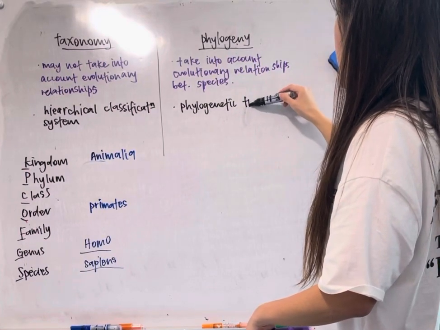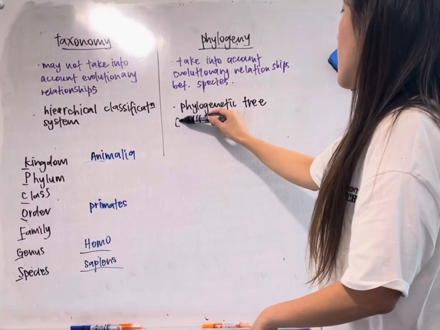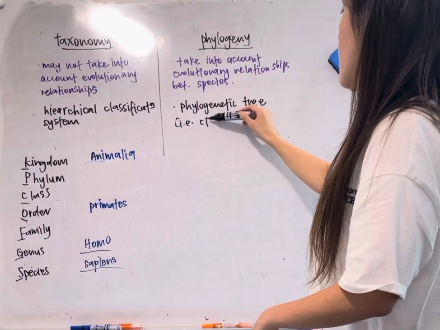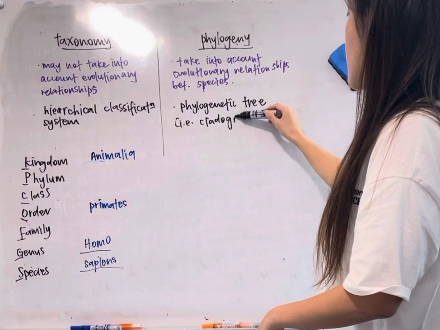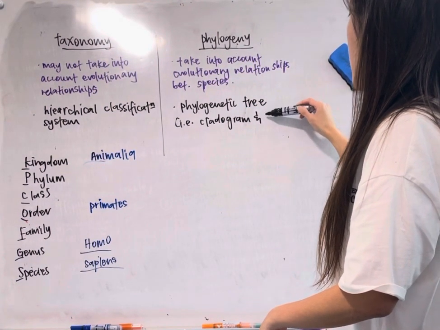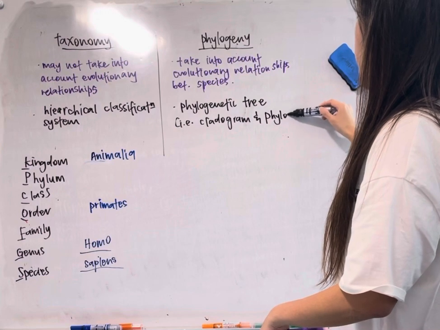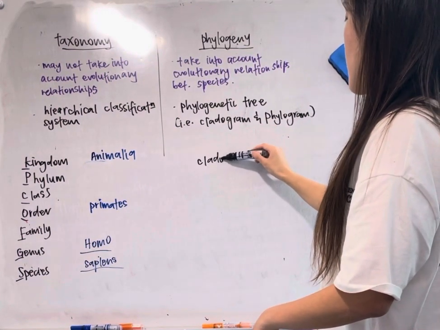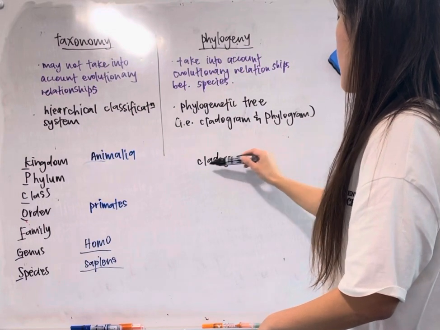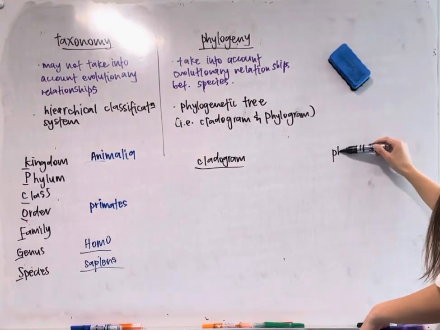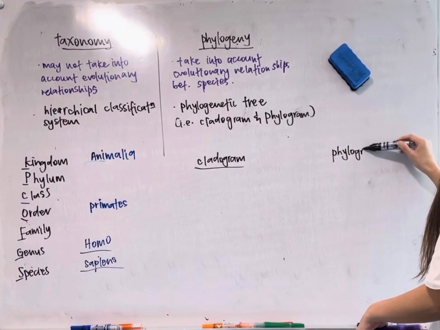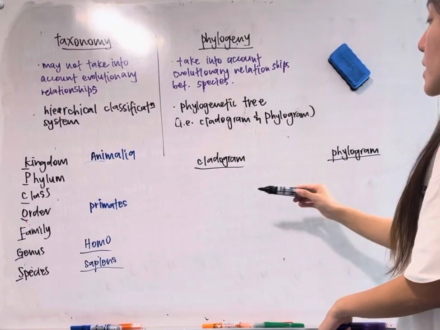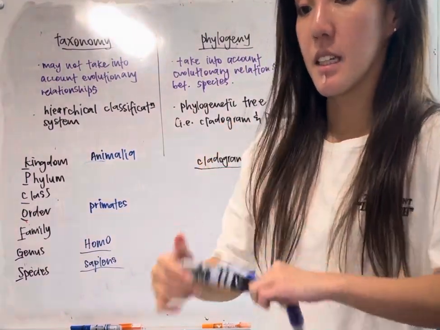There are two types of phylogenetic trees: cladograms and phylograms. Let's learn how to identify them. Both of them have what we call clades.